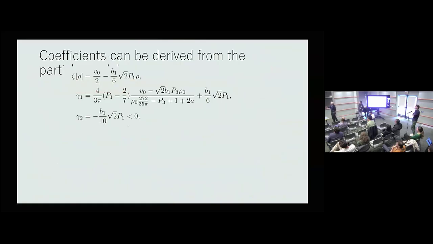This is the coefficient for gamma 1, gamma 2, and the linear term theta. The velocity reversal rate is A, so it appears only in gamma 1. In this simple particle model, Hartley's model, gamma 2 is always negative when particles are repulsive. B1 is a repulsive strength kernel.